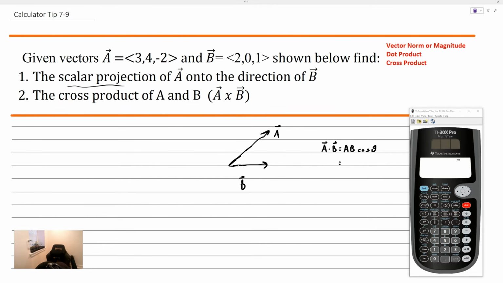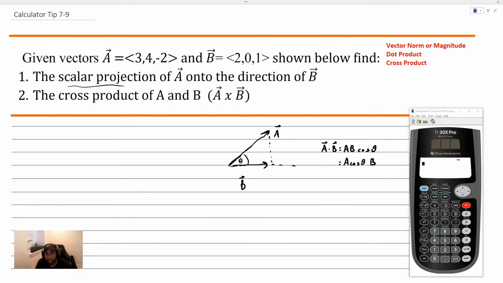We rearrange the terms to make it a little bit simpler to see. What we have is A cosine theta, if this is the angle theta between the two vectors. A cosine theta represents the projection of A onto B. And then we scale up that projection by an amount equal to B.